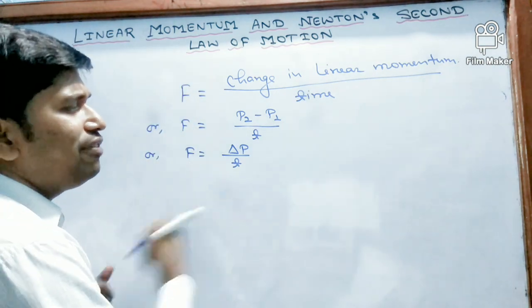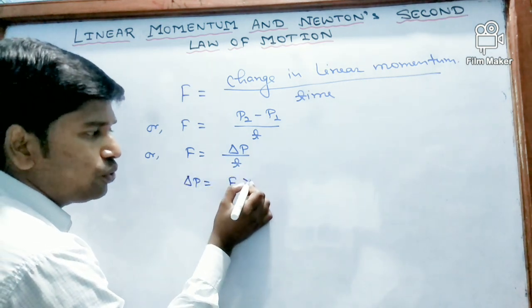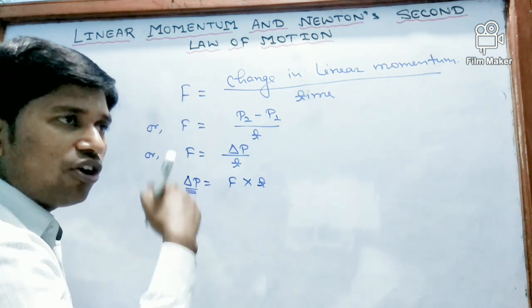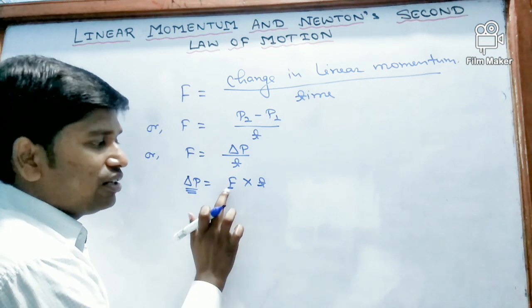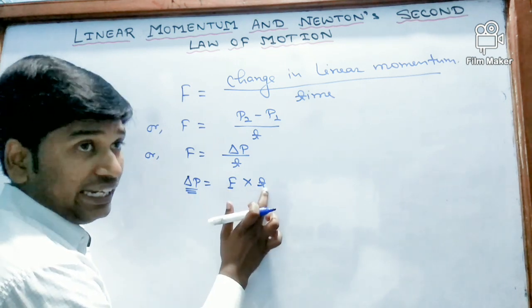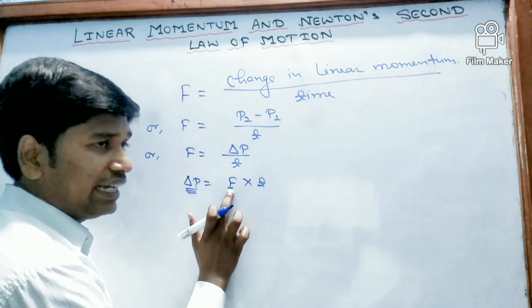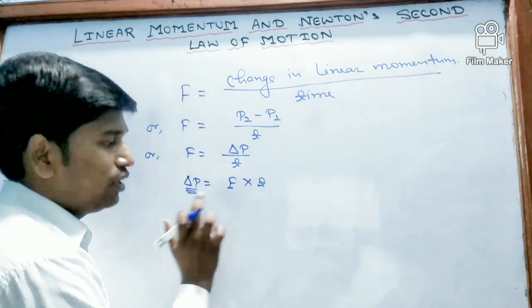Another thing we can say, if we talk about del P equals force into time, it means the change in momentum can be obtained either by applying a small force for a large time or a large force for a small time.